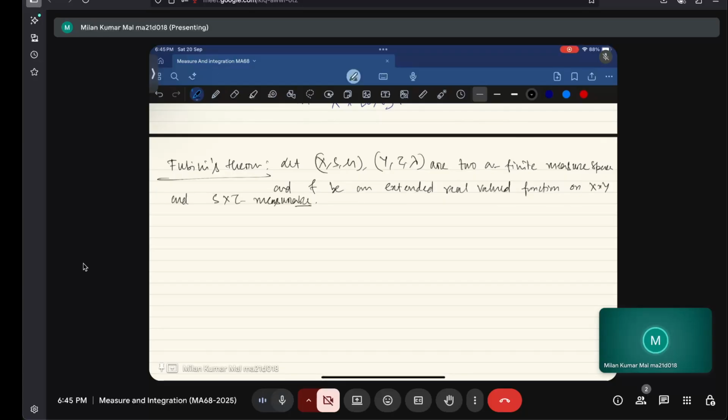That means the inverse image of every ray is an element of it. Then the following holds.